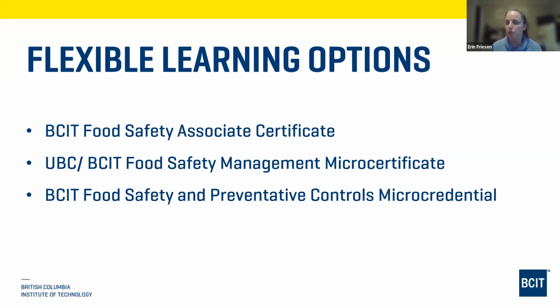But these programs do not have the hands-on lab experience that you'd be gaining in our 2-year diploma. So from a standpoint of employability, if you have no experience in food technology and food science, I would recommend the diploma to you, because that's where you're going to be learning a lot of knowledge about the food industry. These courses are for people who are coming from a food background.